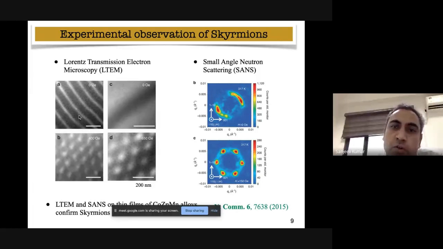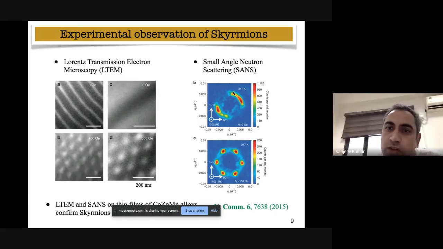Now in skyrmions, you would see multiple peaks. The reason being that each component of magnetization is modulating differently, and each component can generate its own location for this peak, which can be different. Therefore, a typical signature for a skyrmion lattice would be such a multi-peak structure in the small angle neutron scattering data.